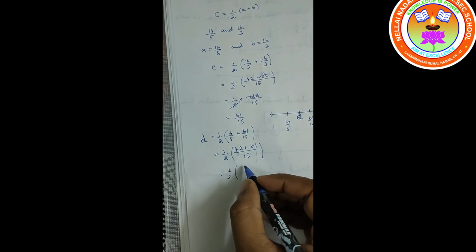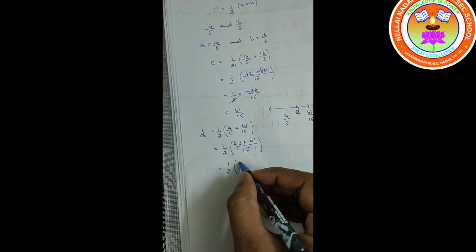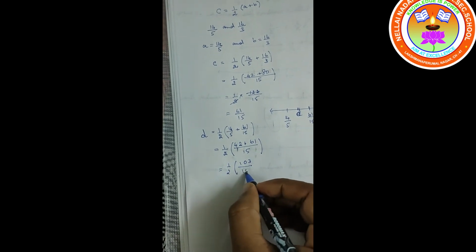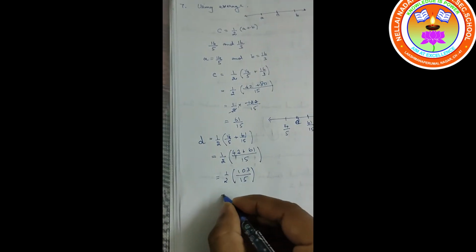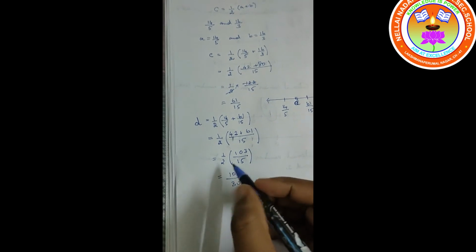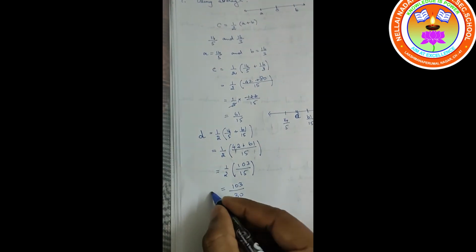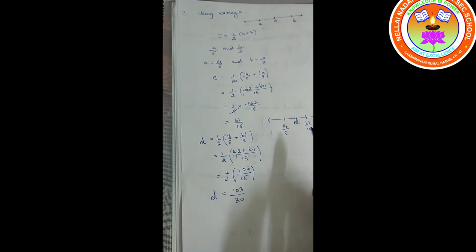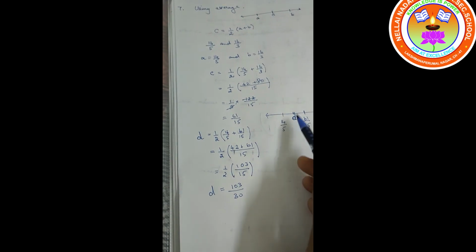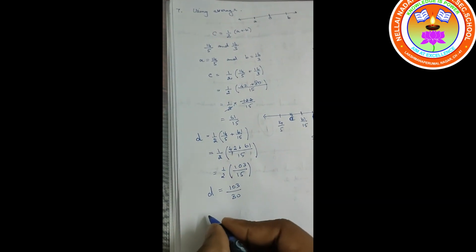Yes, 103, I think so. Yes, 103 by 15. So which is equal to 103 by 30, that is 2 into 15 is 30. This is nothing but D. D lies between 14 by 5 and 61 by 15.